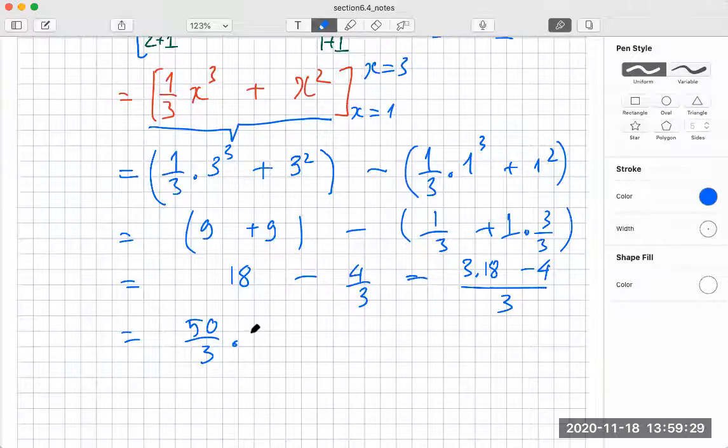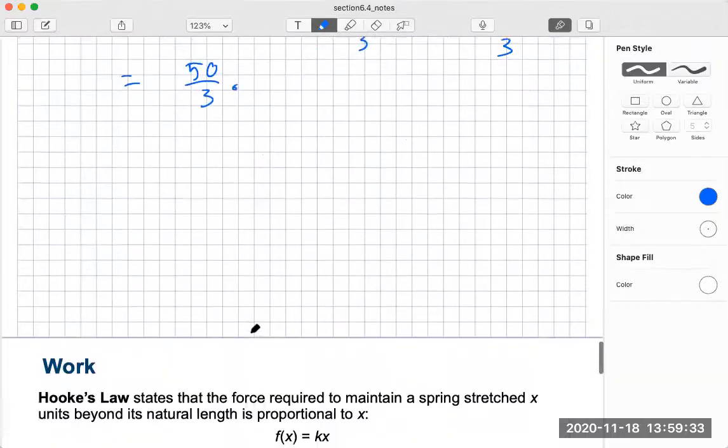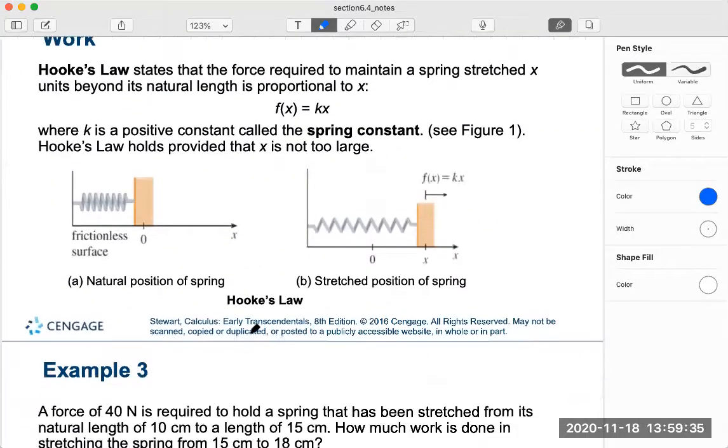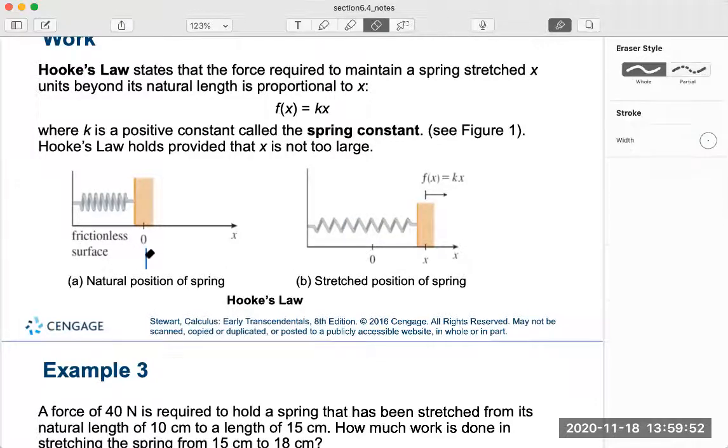Now, we do another example. This is Hooke's law. It states that if we are given a spring here, and this is the balance position at 0, the initial position, no stretch, no strain.